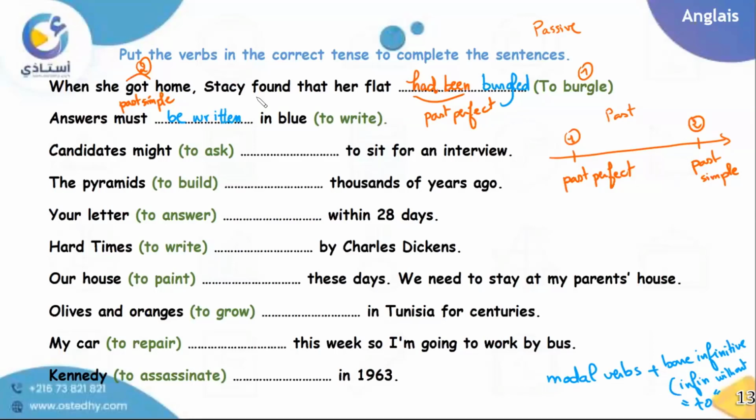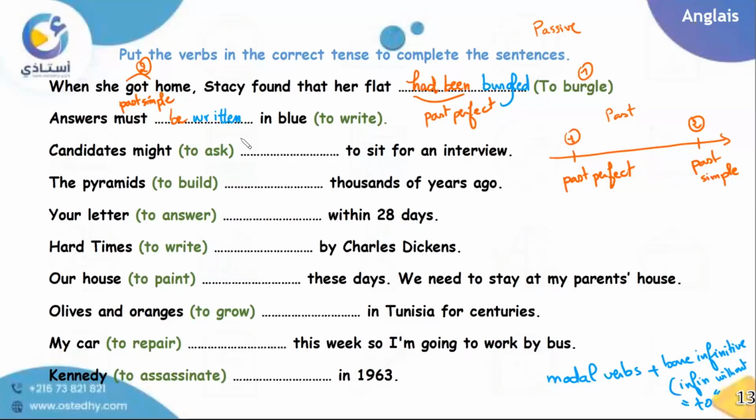So written is the past participle of to write. Let me rewrite this in orange for you to make the difference between which verb is to be put in the right tense or form and which verb is to be as it is. Now, candidates might. Might is another modal verb. Same with the modal verbs. We said that with these modal verbs, you would have a bare infinitive after them.